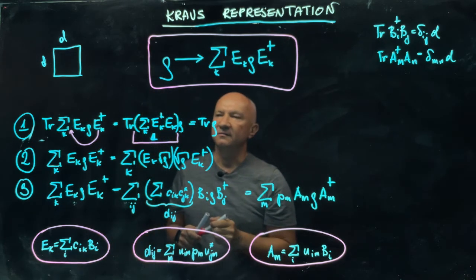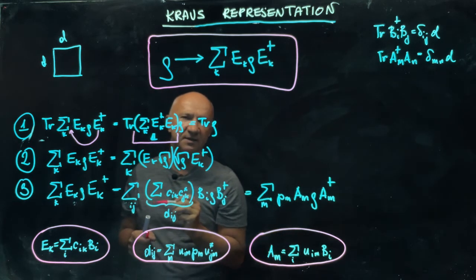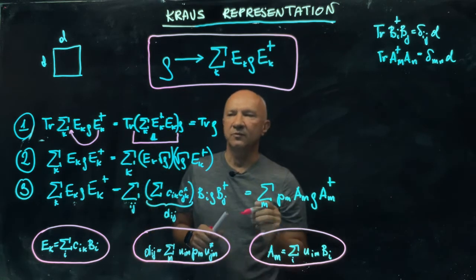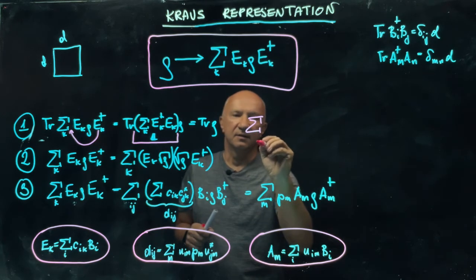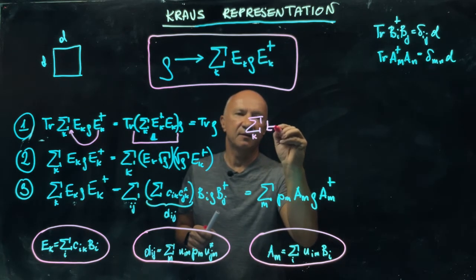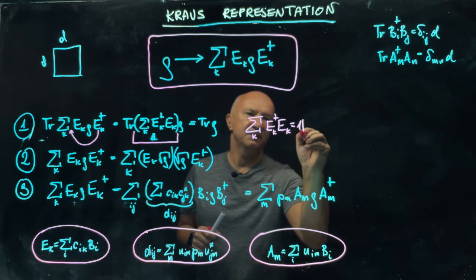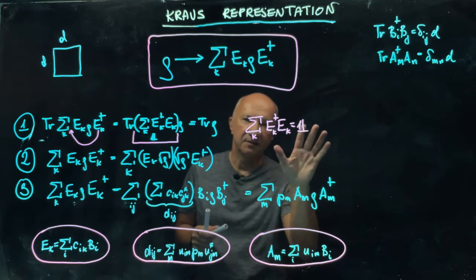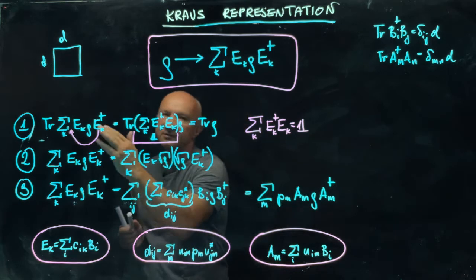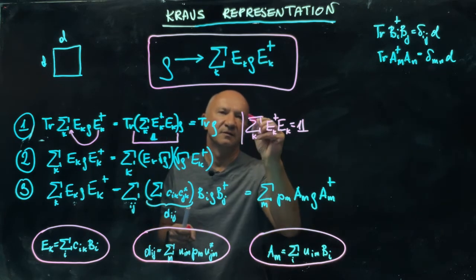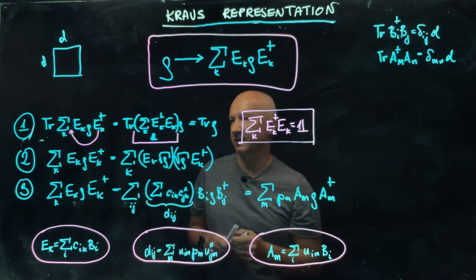You can see that as long as we assume that this is equal to the identity, which is the condition that we impose on the Kraus operators, so as long as we require that the sum over k of E_k dagger E_k is equal to the identity, the d by d identity matrix, then this map is trace preserving. So this condition gives you the trace-preserving property for this map.